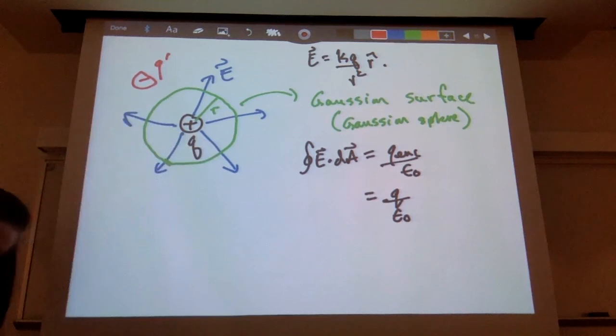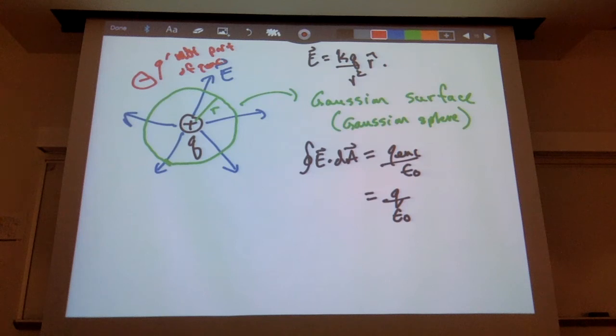Q enclosed means how much charge is inside the hypothetical surface I draw, so this charge would not be part of Q enclosed, because it is outside of the surface.